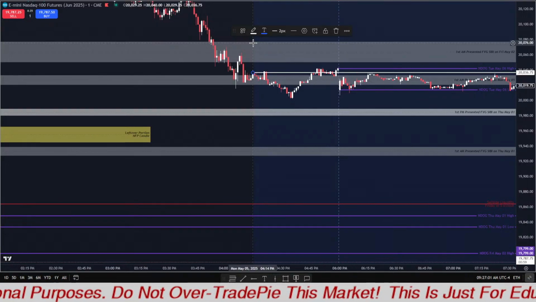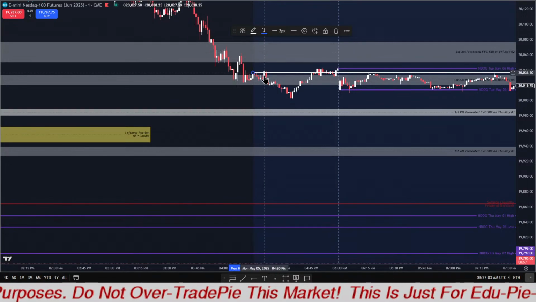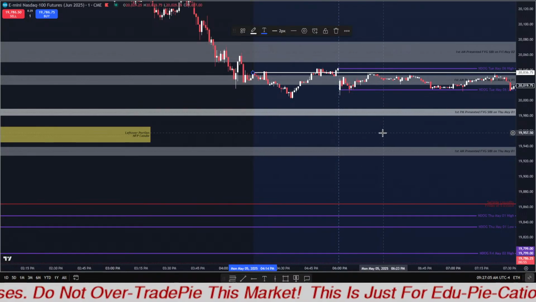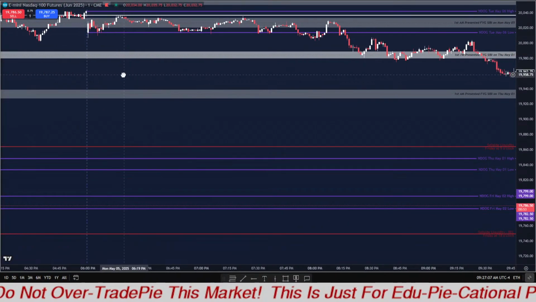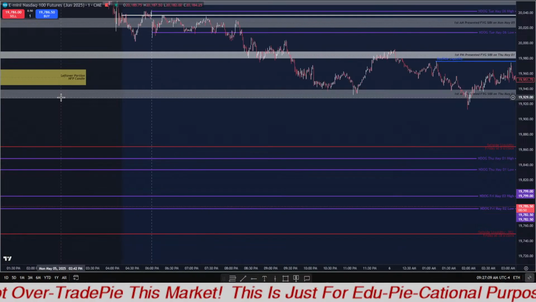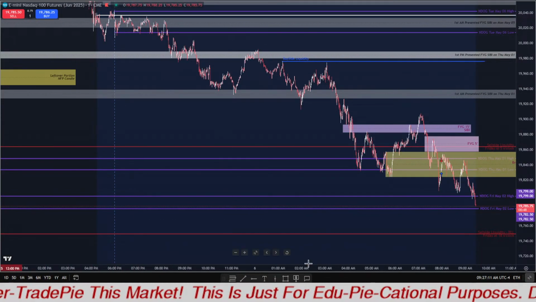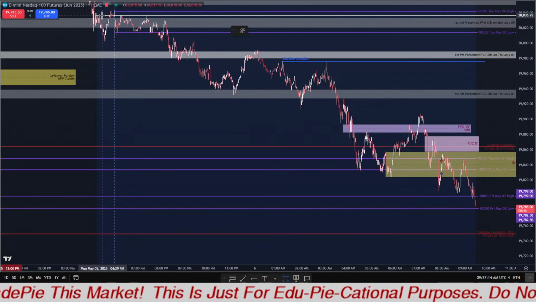And we do have a very big opening range gap from price over here to, let's see.